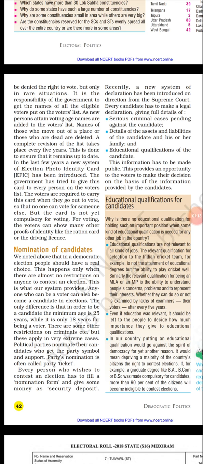The only difference is that a person eligible to vote must be 18 years, and a person who wants to contest an election needs to have a minimum age of 25 years. He or she should be 25 years, then only they will be able to nominate themselves as a candidate for the election.